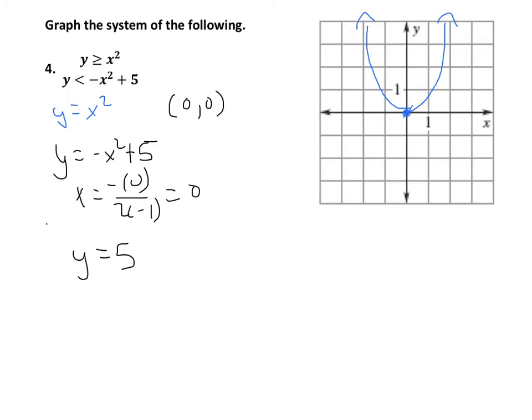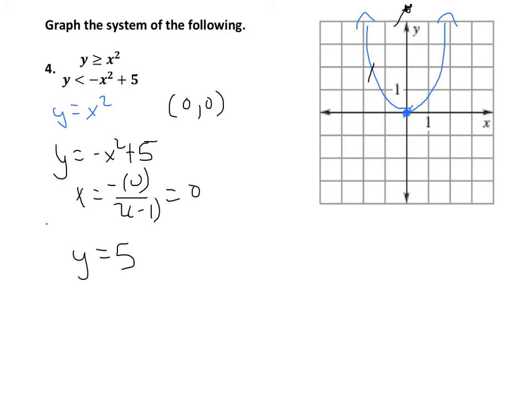So graph the point 0, 5. 0, 1, 2, 3, 4, 5's up there. That one opens down. Oh, forgot to check again.